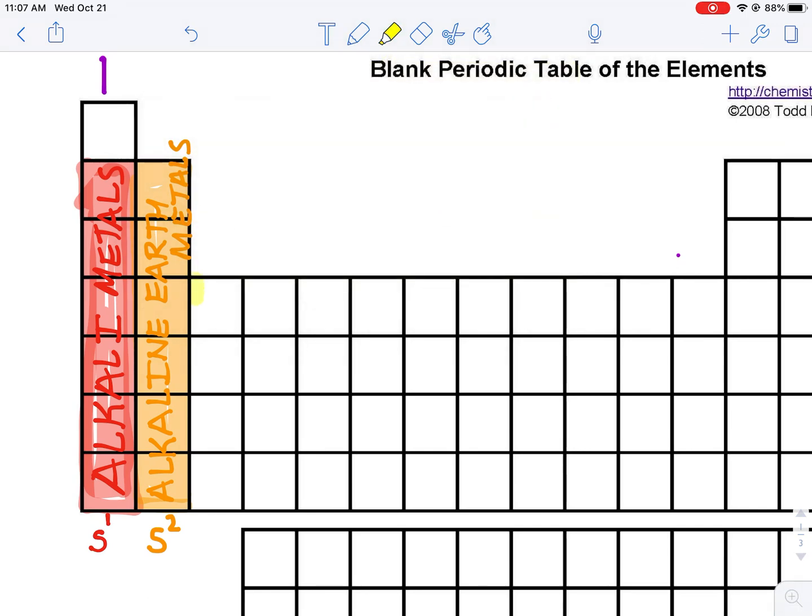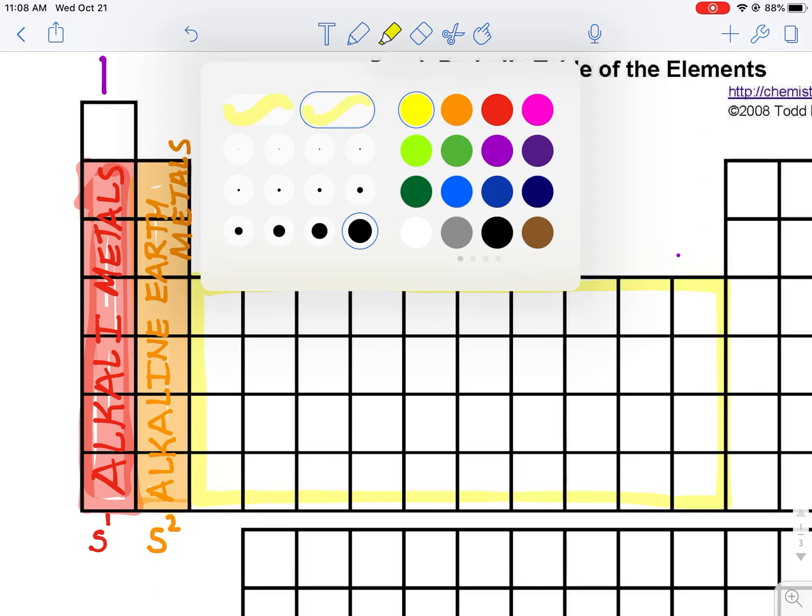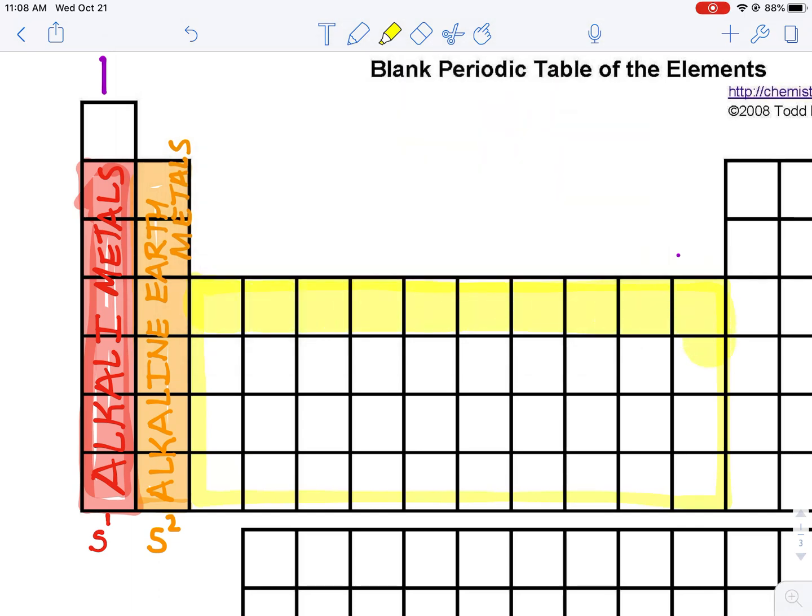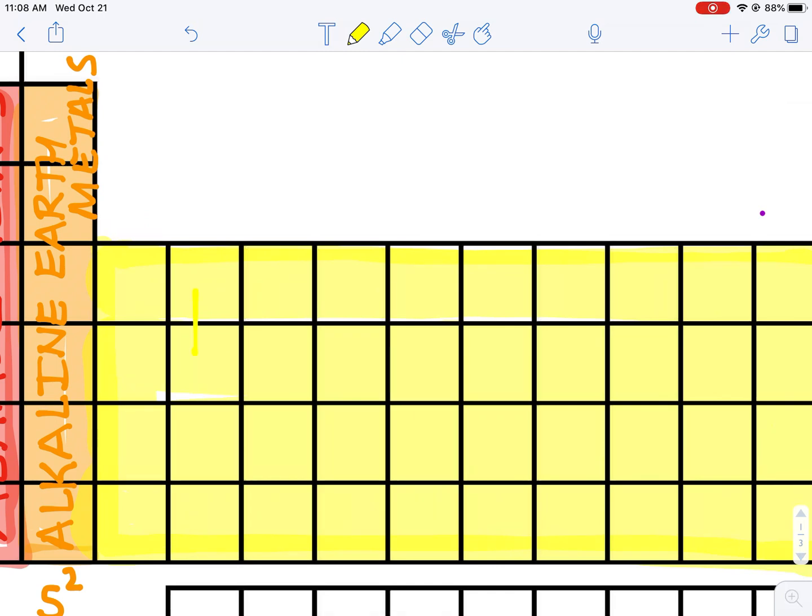The next group we're going to talk about is again to the right of the alkaline earth metals, and it encompasses all of the elements in our D block. These are referred to as the transition metals. Transition metals.